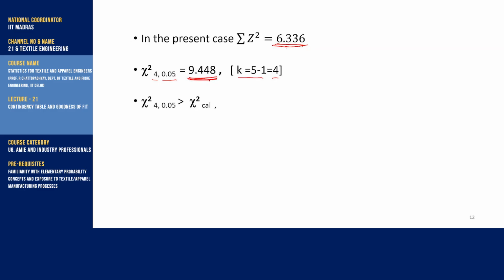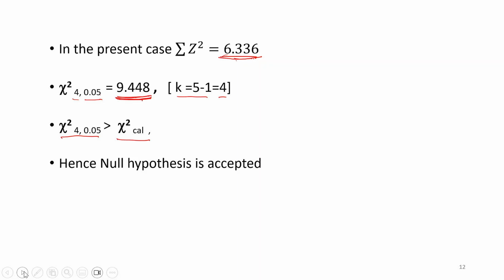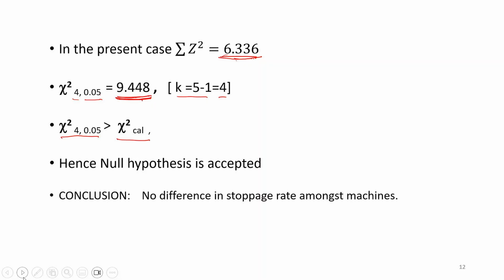You have to compare which one is more. In the present case, the table value is much greater than the calculated value. And what is the implication of this? It means the null hypothesis is to be accepted. The conclusion is no difference in the stoppage rate amongst the machines.